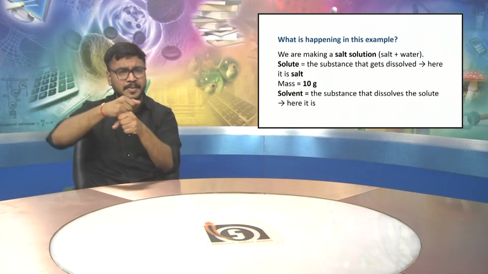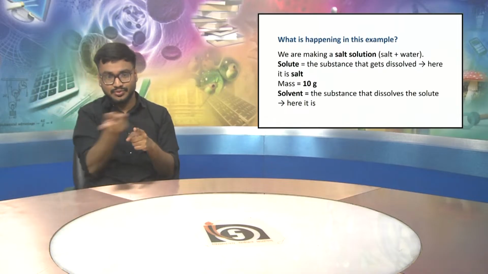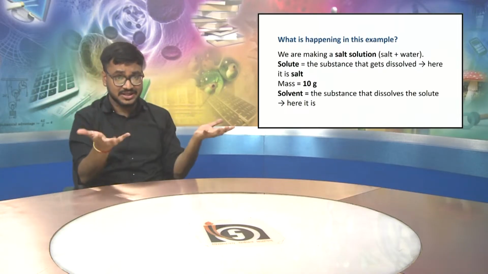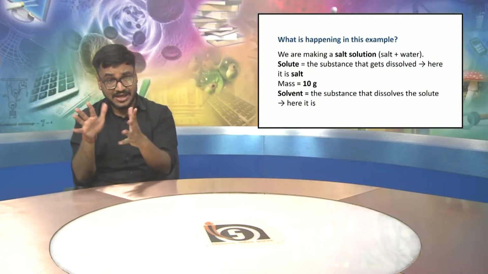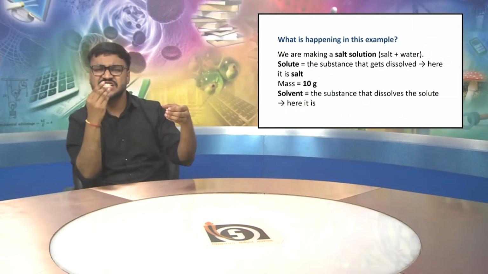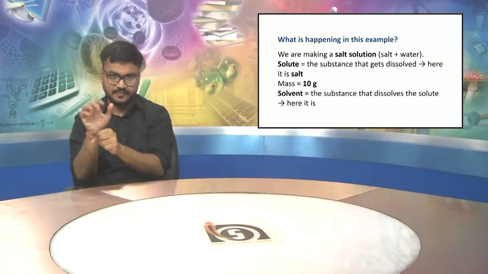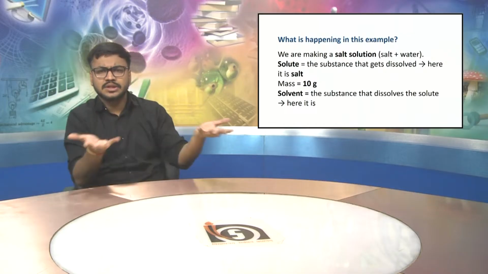What is happening in this example? We are making a salt solution which is made from salt and water. Solute means the substance that gets dissolved. Here it is salt and mass 10 gram.